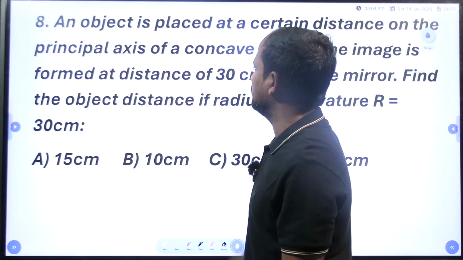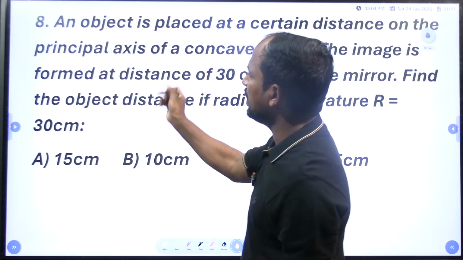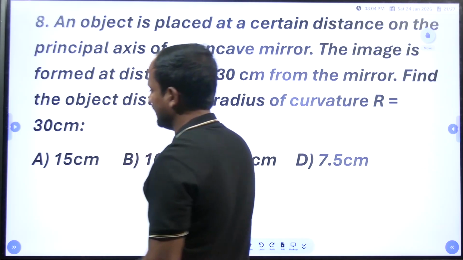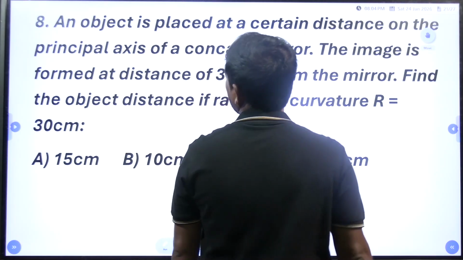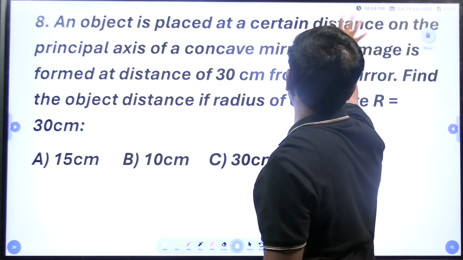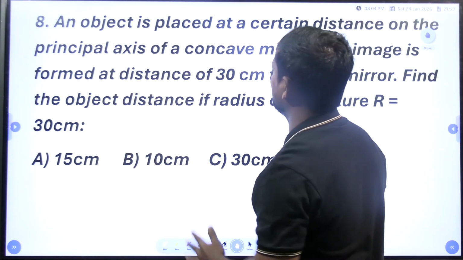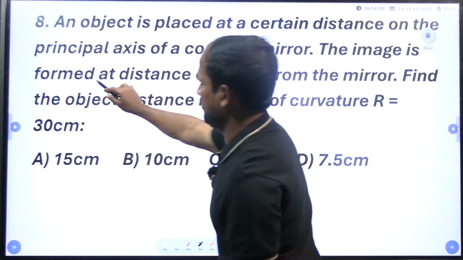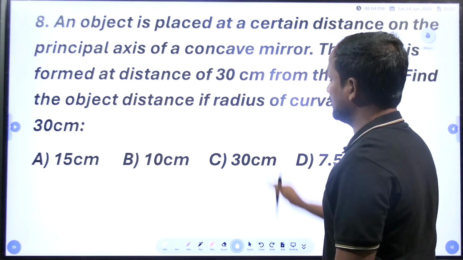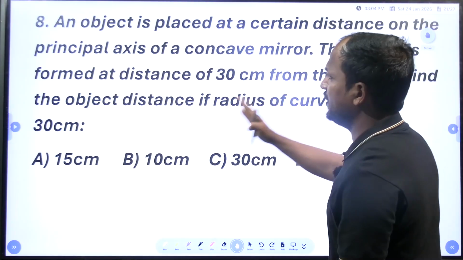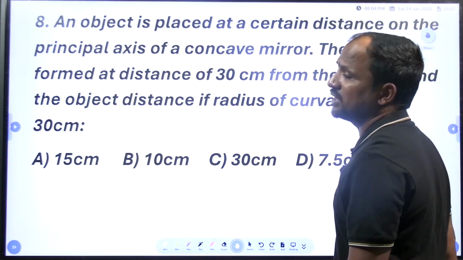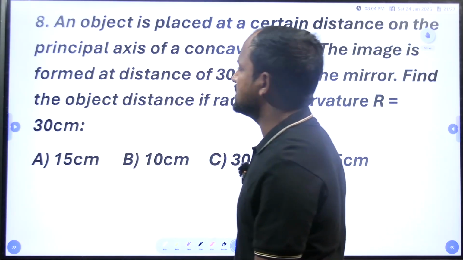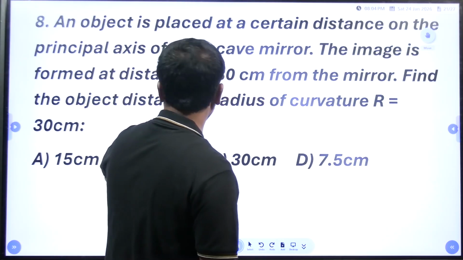Find the distance of the object, if the radius of curvature R is equal to 30 centimeters.